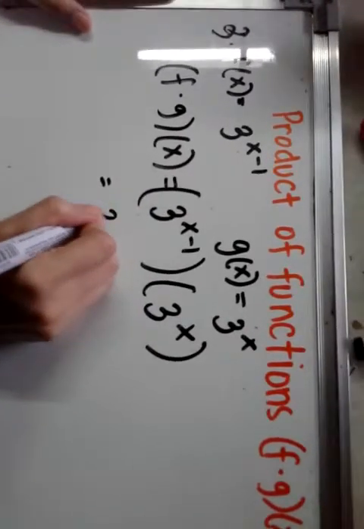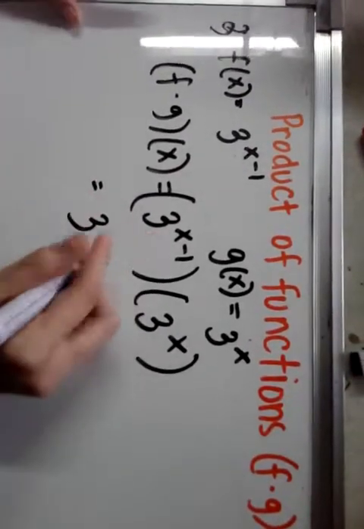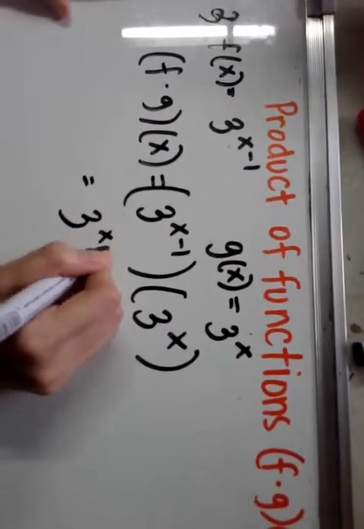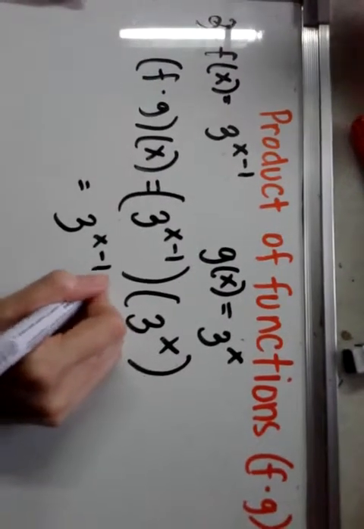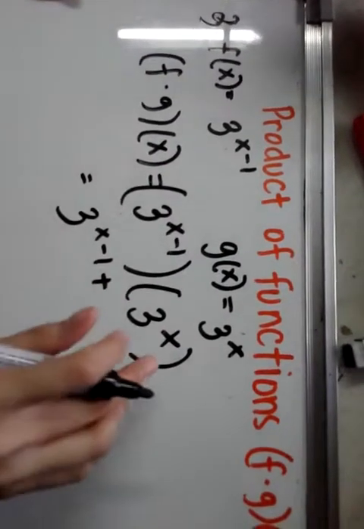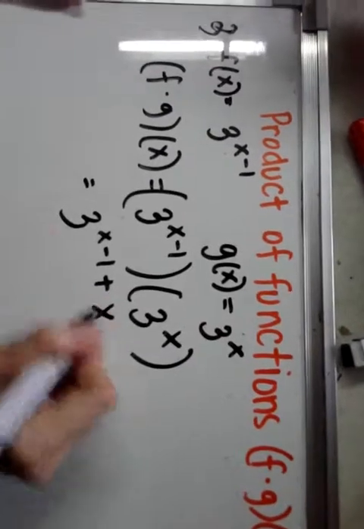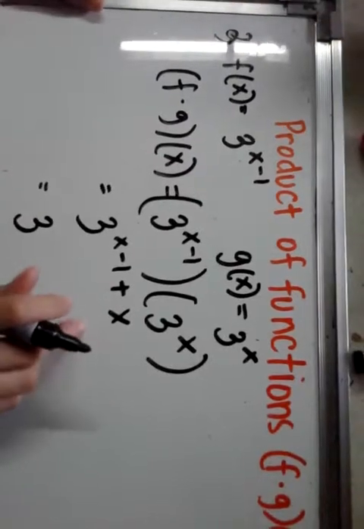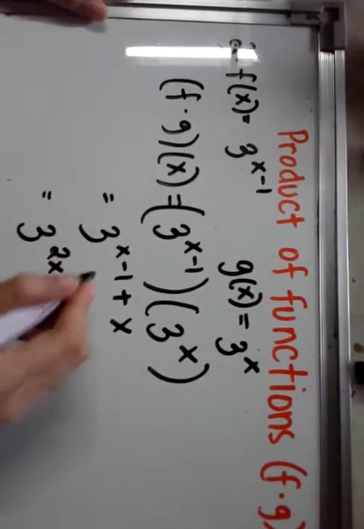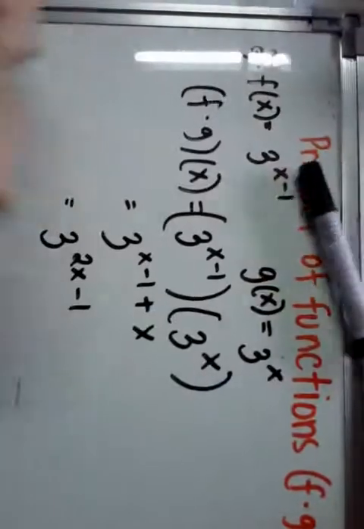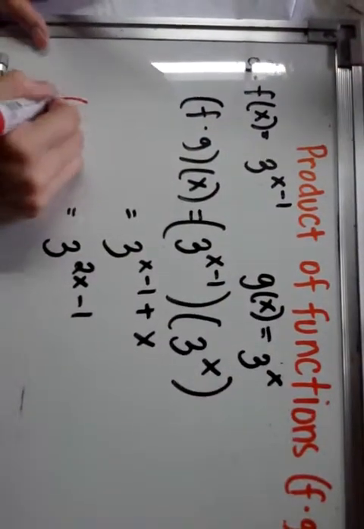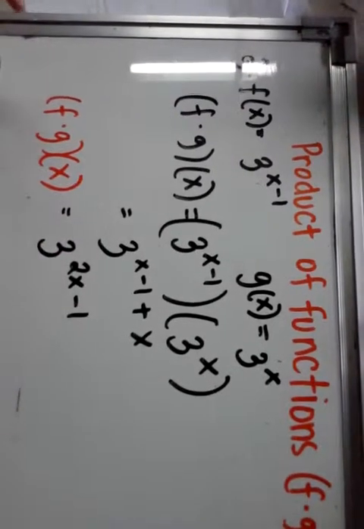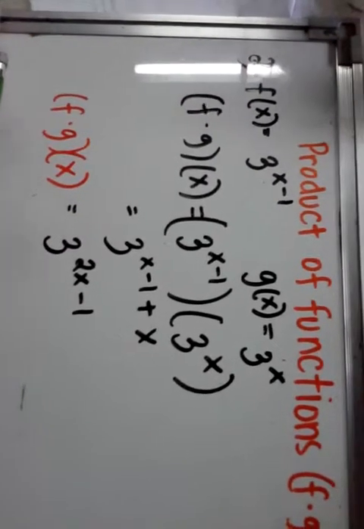So 3, copy 3 since they have the same base. So x, copy the exponent of the f function which is x minus 1 plus, copy the exponent of the g function which is x. So simplify, x plus x is equal to 2x minus 1. So therefore, f times g of x is equal to 3 to the power of 2x minus 1.